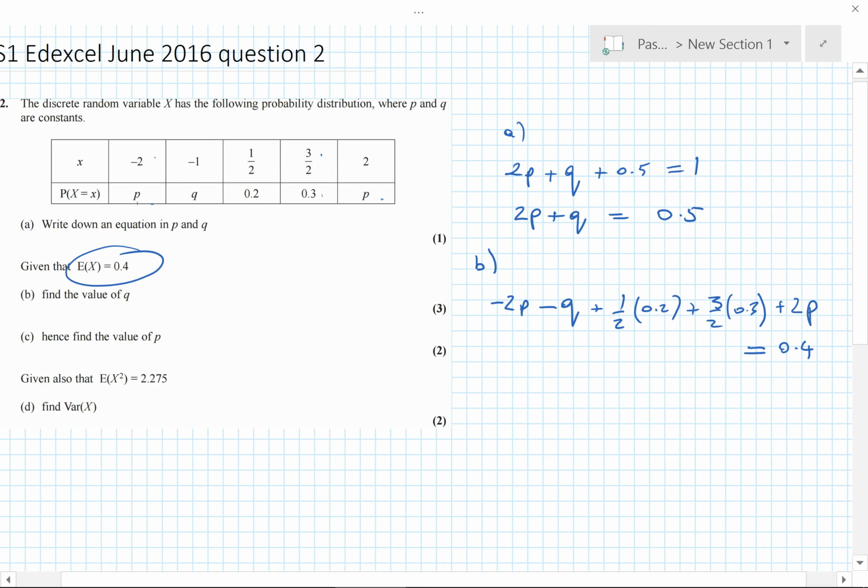That's okay, isn't it? Because what's quite nice here is that p cancels, so we don't have a simultaneous equation after all. p is going to go straight away.